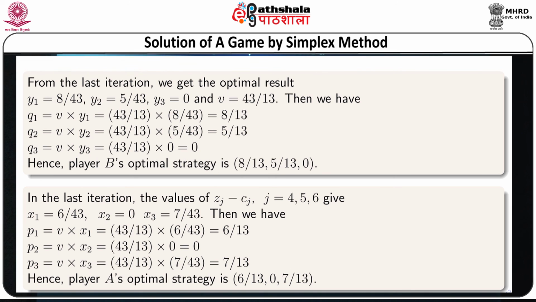And then easily we can find the values of Q1, Q2 and Q3, which are 8 by 13, 5 by 13 and 0. So, player B's optimal strategy is thus 8 by 13, 5 by 13 and 0.